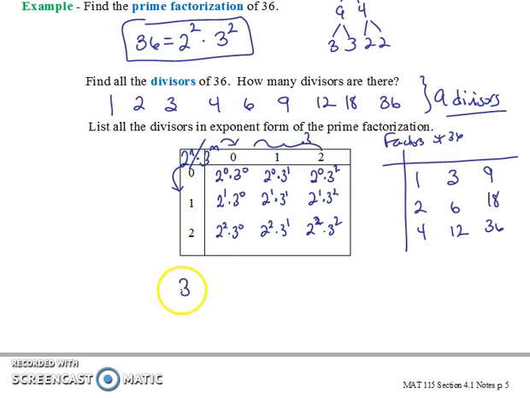So there were 3 times 3, or 9 different factors. Another way to think about that is there were 2 to the second power, 3 to the second power, so there was 1 more of those and 1 more of those, so that gave me 9.